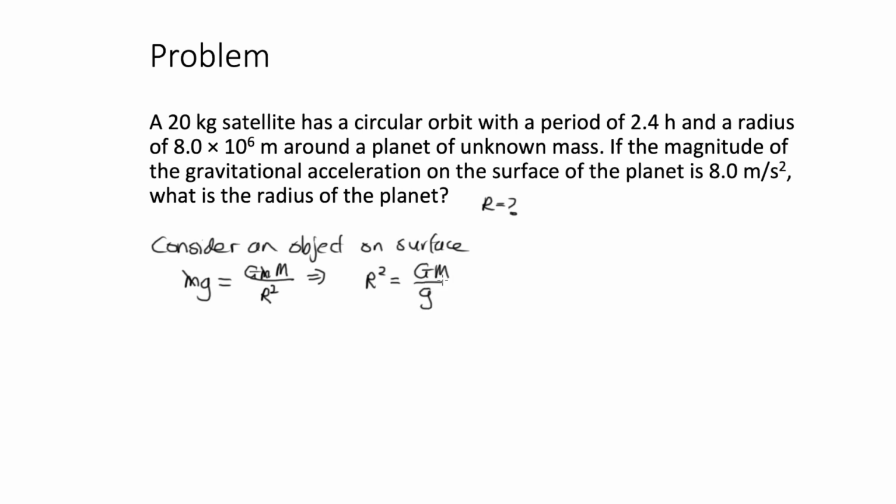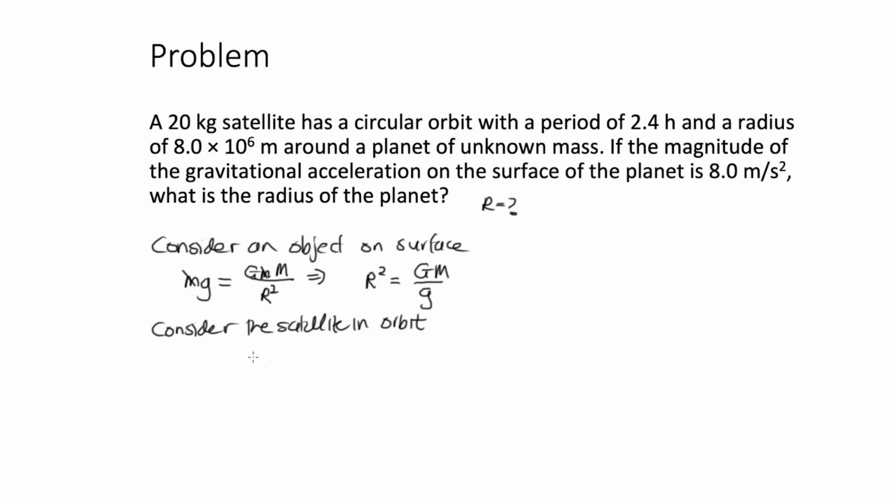Now the problem here is that the mass of the planet is unknown. So we're going to have to come up with another expression to find the mass of the planet so that we can get this radius here. So to do that, let's consider the satellite in orbit.